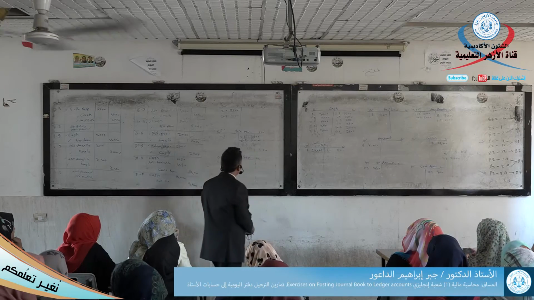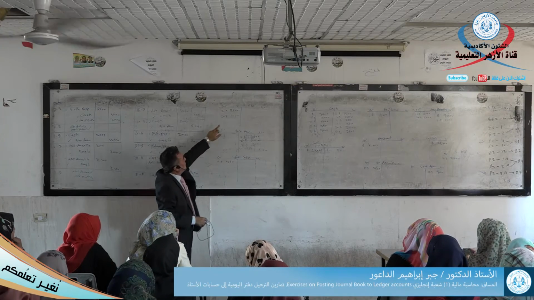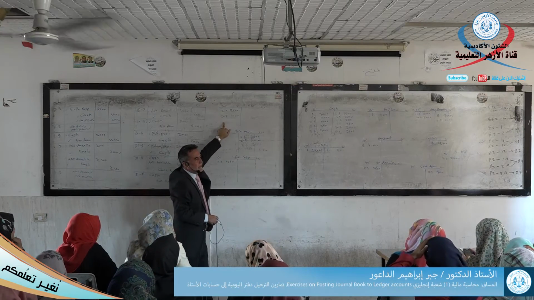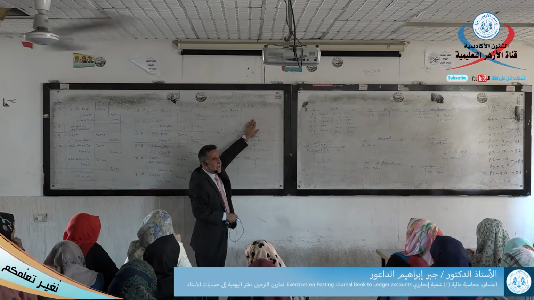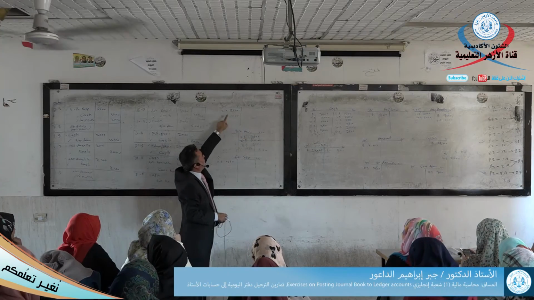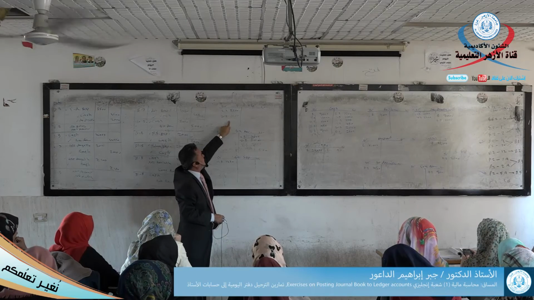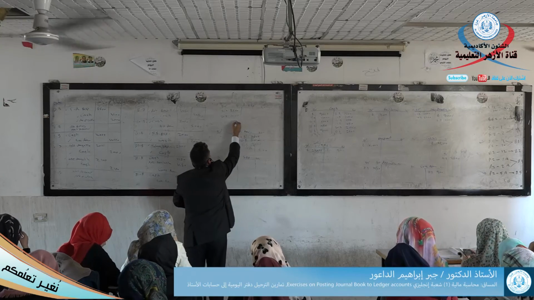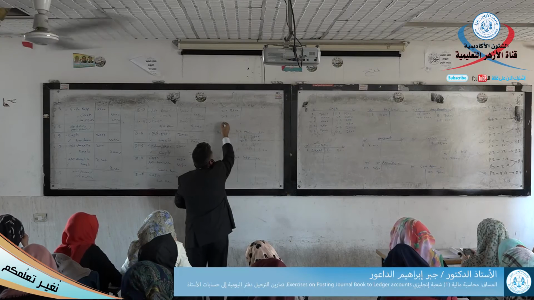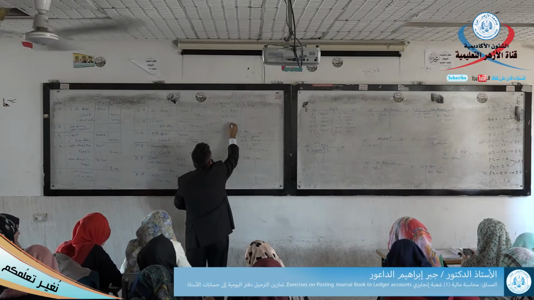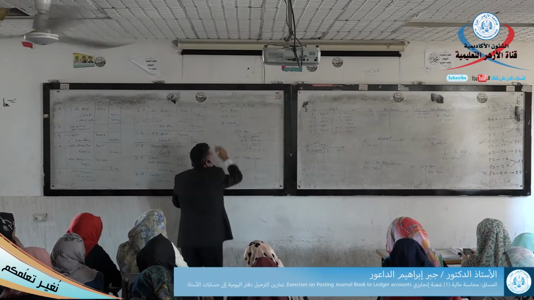So, film rental expense: 0 credit side, debit side 2,500 plus 2,000. So the balance will be the total.